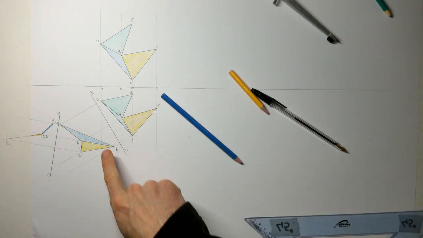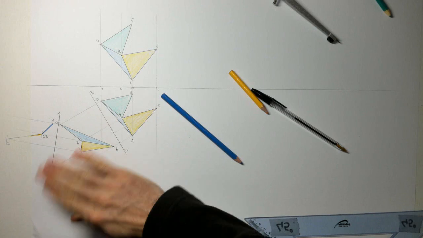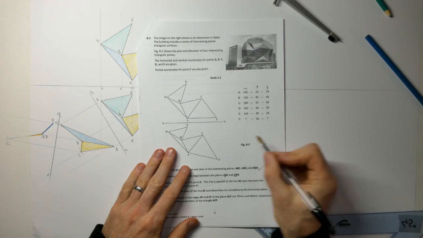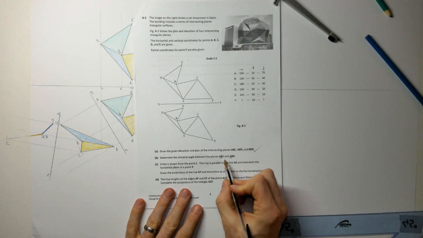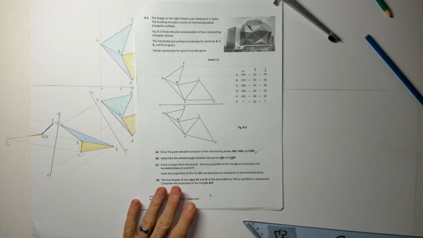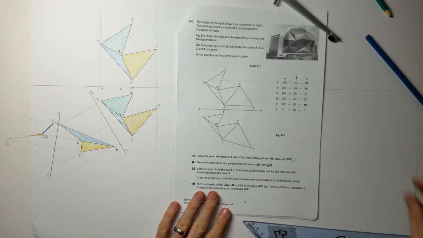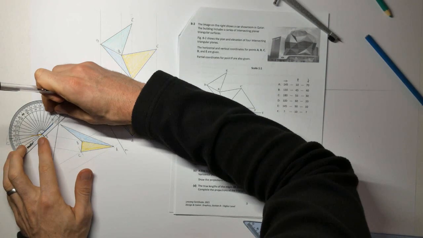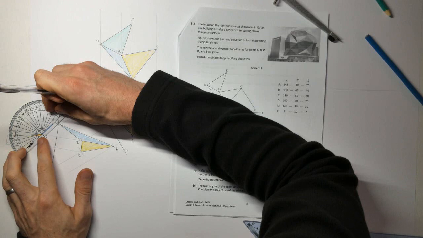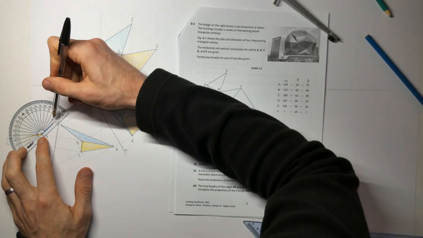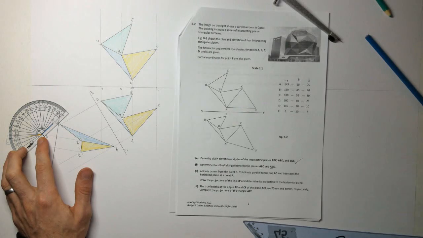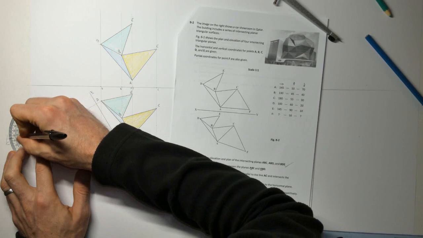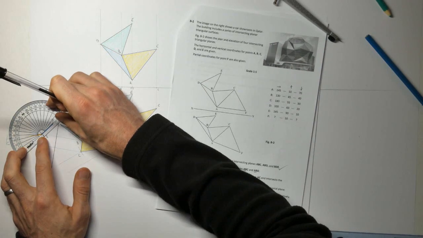Alright. So that is what they've asked us in that first question. So they've asked us to find the dihedral angle between them. So I've determined the dihedral angle between them there. Okay, and let's just not forget to measure that angle. So say that angle is 145.